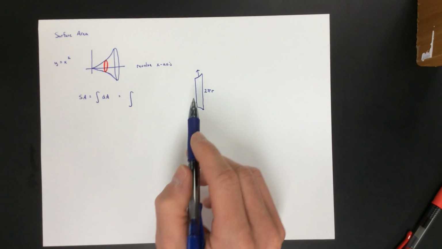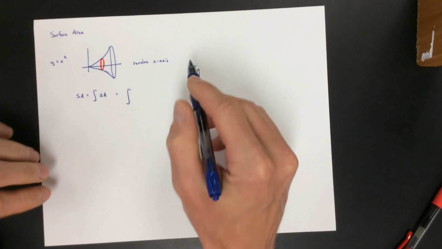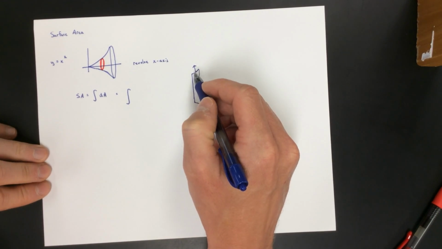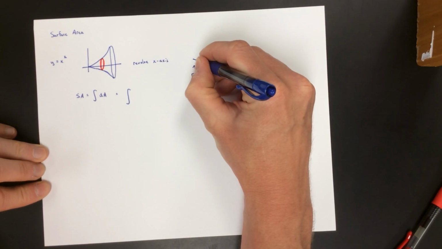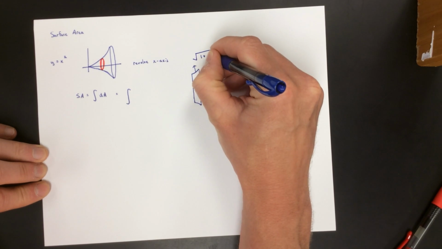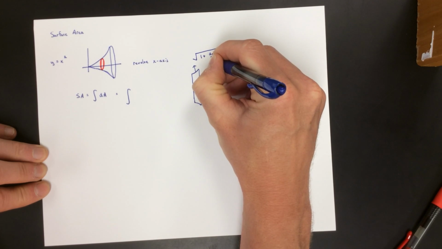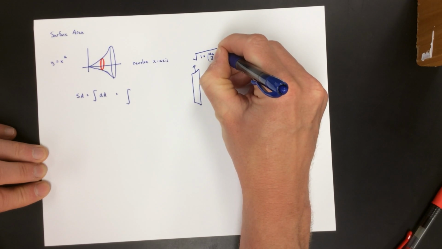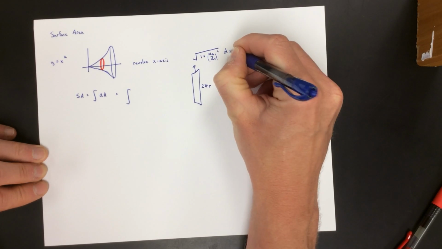It's the length of the ring this way times the thickness of the ring, but the thickness of the ring, going back to the arc length formula, is the square root of 1 plus dy dx squared, dx.